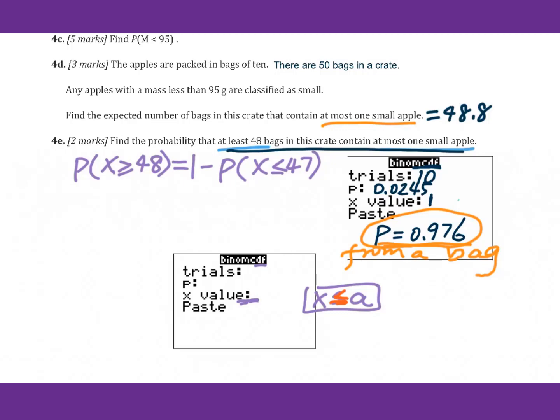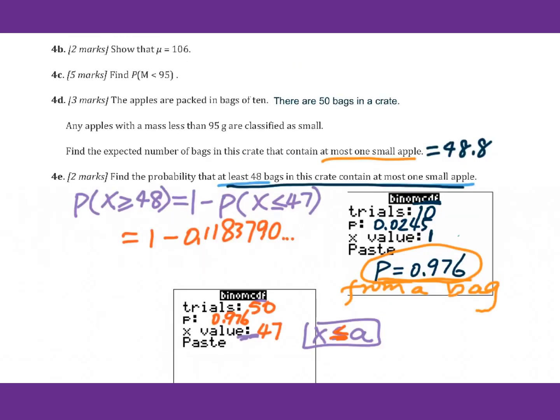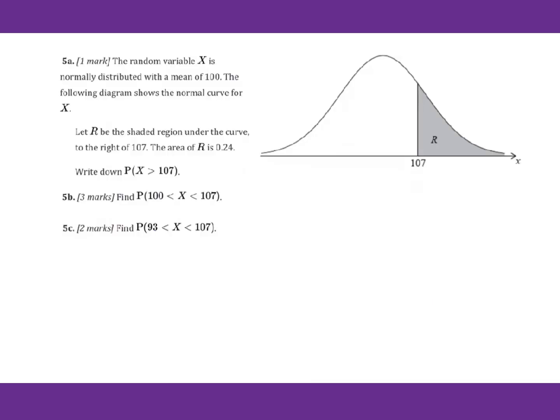Therefore, you will put in trial is 50, probability is 0.976. This will be 47. Then you press enter, you will get 1 minus 0.1183790 and so on. Then the final answer you will get is 0.882.